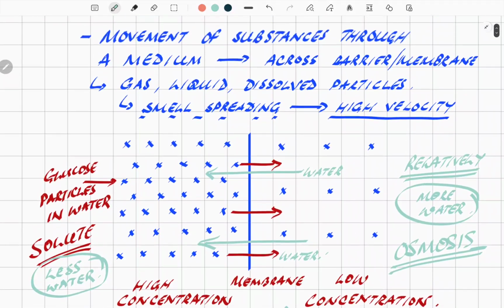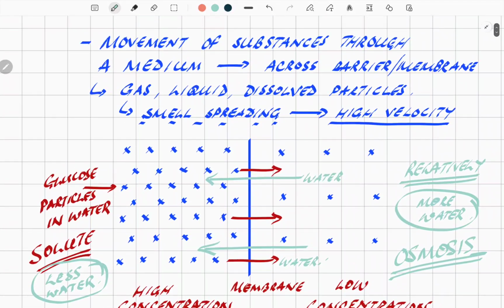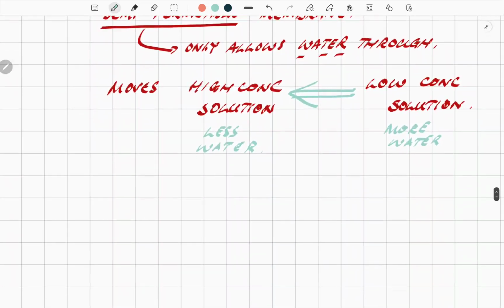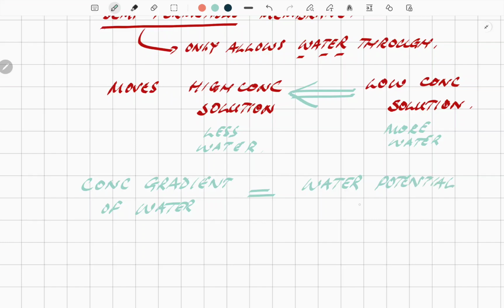Later on, there'll be things like water potential. You know the concentration gradient? When it comes to water, the concentration gradient of the water is actually called the water potential, or osmotic potential.